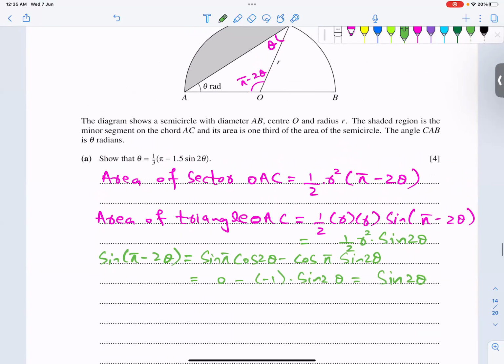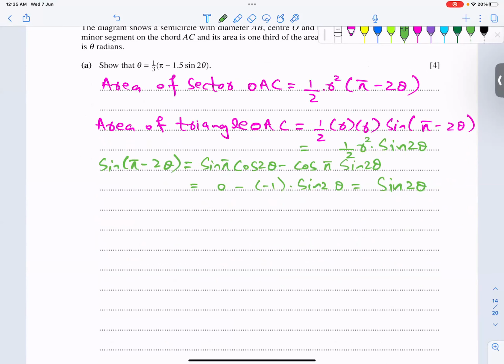Now the shaded area will be the area of the sector minus the area of the triangle. This is the shaded area.